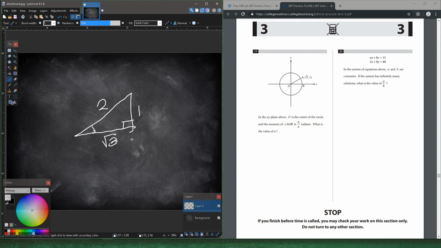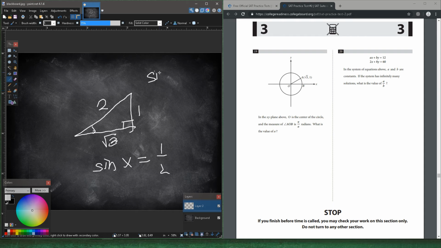We want to find this angle. So let's say sine of x, let's call this angle x. Sine of x is equal to 1 over 2. Where have you ever seen that? There are only a few specific right triangles that you'll ever need to know.